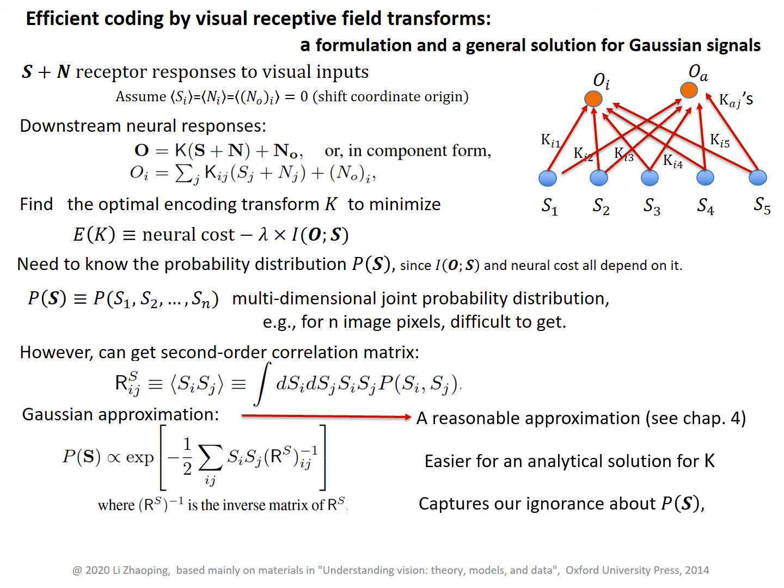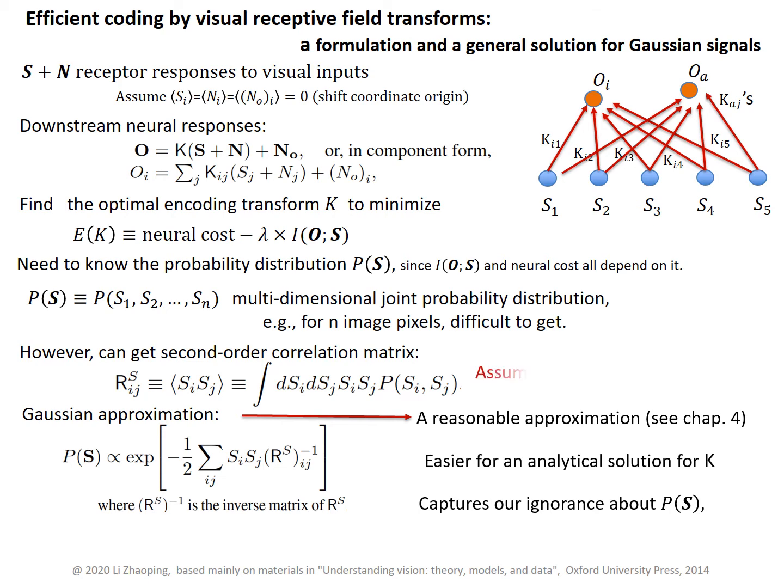Thirdly, this Gaussian approximation captures our ignorance about the true joint probability distribution. It turns out that this distribution not only gives us the second order correlation correctly as in the data, but it's also the distribution with the largest entropy while keeping the second order correlation fixed.